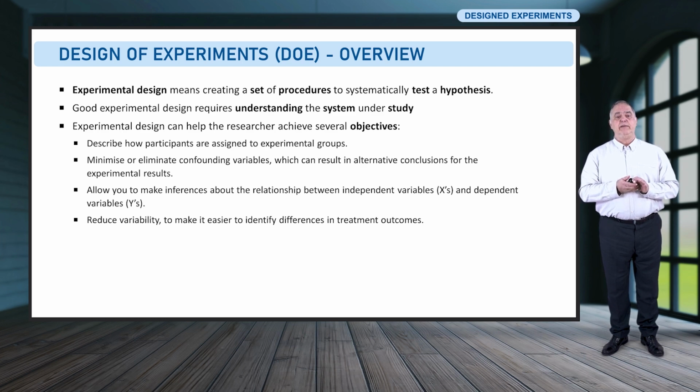Experimental design means creating a set of procedures to systematically test a hypothesis. Good experimental design requires understanding the system that is under study. And when we're talking about a system, we may also be referring to a process. Experimental design can help the researcher achieve a number of different objectives. Describe how participants are assigned to experimental groups.